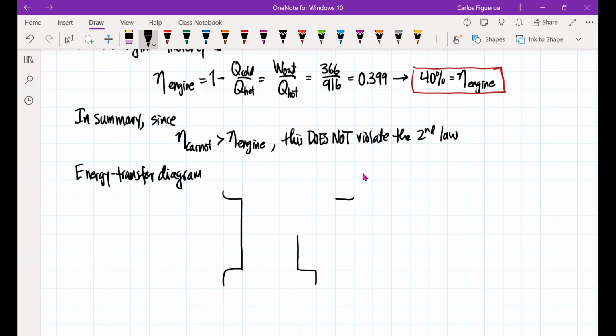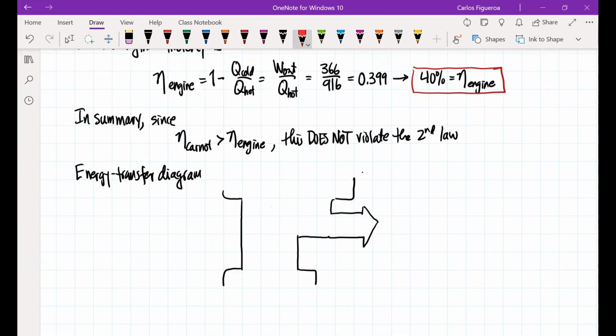If this is 5, then let me make sure that I'm doing this right. About 2 squares are coming in as work here.